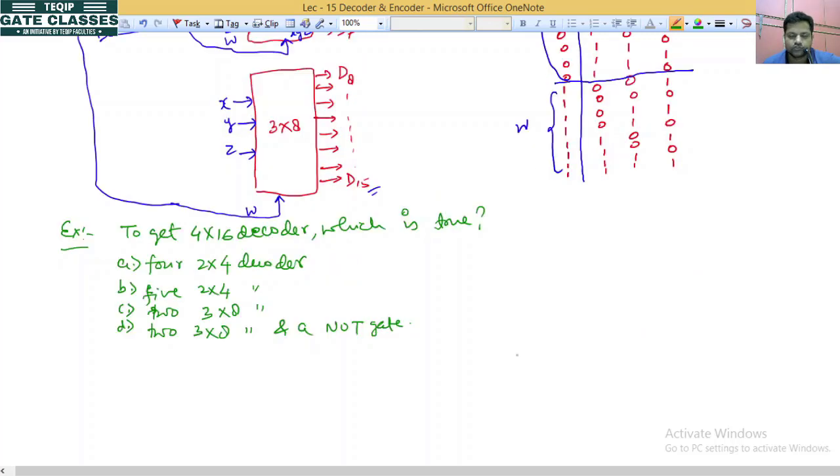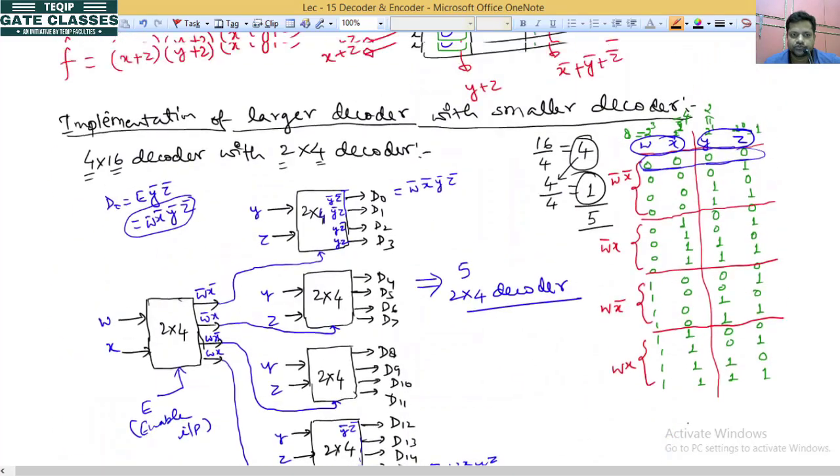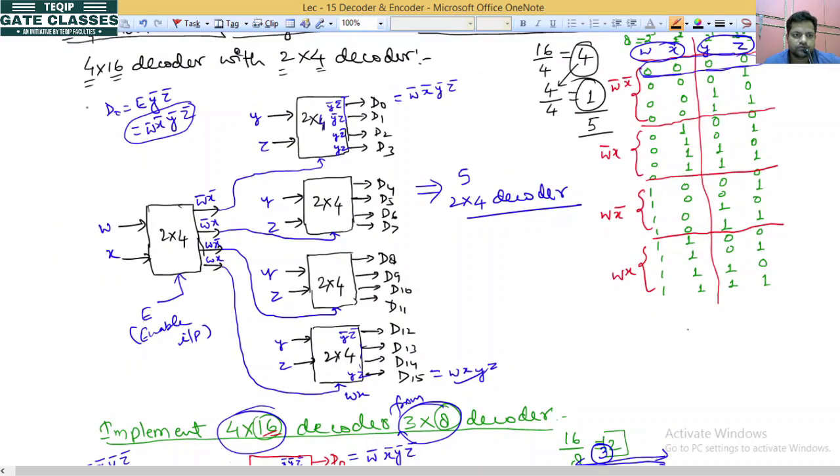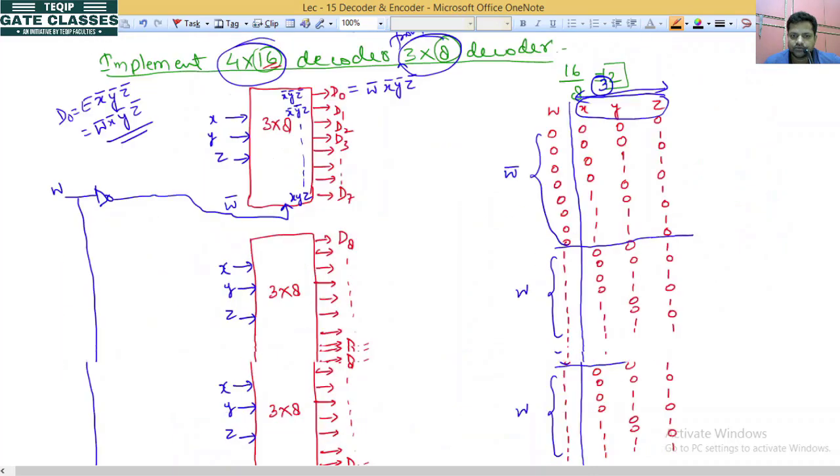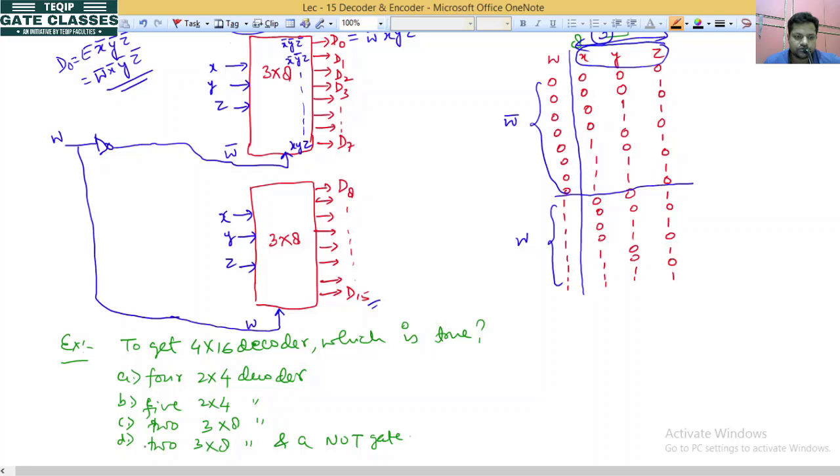Suppose I have this question. The question is, to get a 4x16 decoder, which is true: 4 2x4 decoders, 5 2x4 decoders, 2 3x8 decoders, 2 3x8 decoders and a NOT gate. You see here, you have implemented it. So to get 4x16 decoder, how many 2x4 decoders are required? 5. So 5 2x4 decoders are required. It is true.